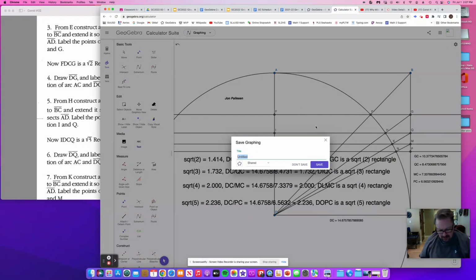So this is construction number 32, dynamic rectangles.